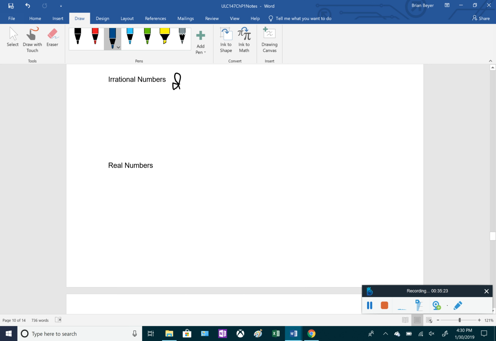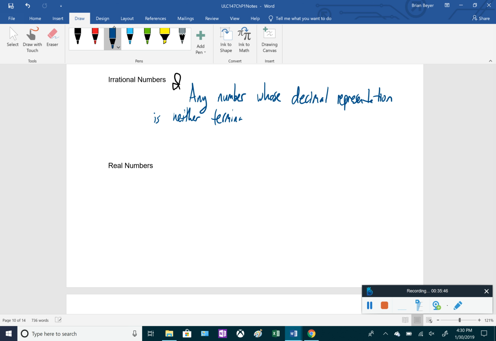It's going to be any number whose decimal representation is neither terminating nor repeating. So irrational numbers, if you wrote them as a decimal, would go on forever. They would never stop. They would keep on going, but they would also never repeat.